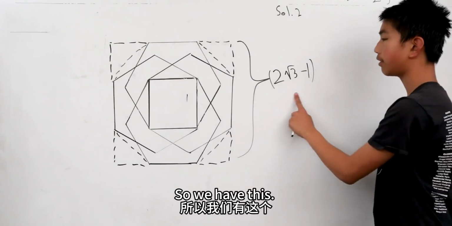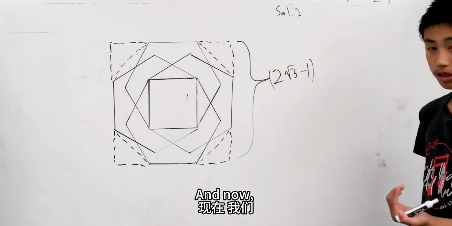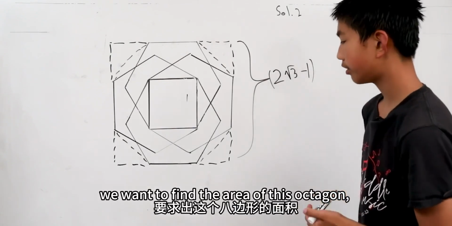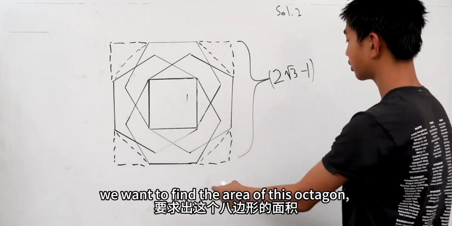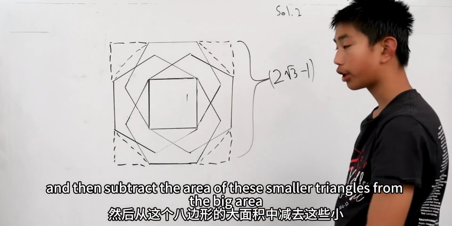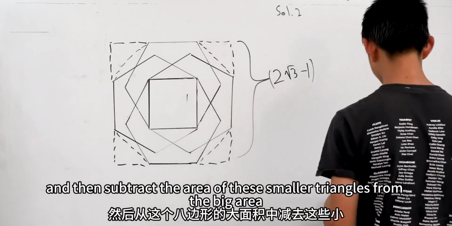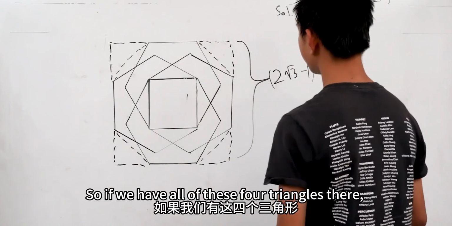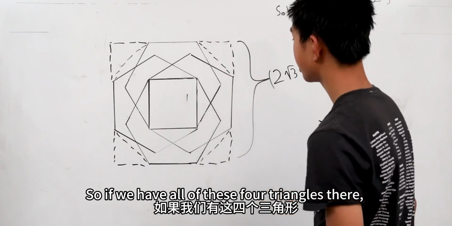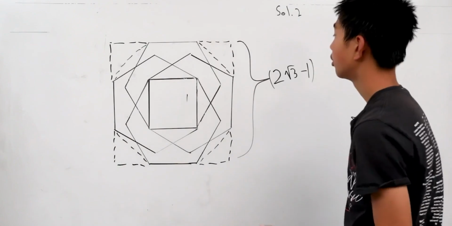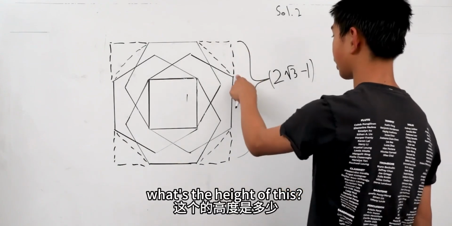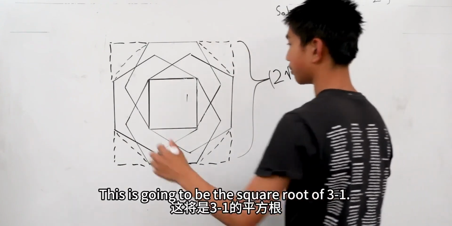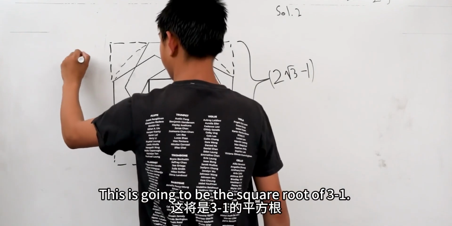Alright, so now we want to find the area of this octagon and then subtract the area of these smaller triangles from the big area of the octagon. So if we have all of these 4 triangles, what's the height of this? This is going to be the square root of 3 minus 1.